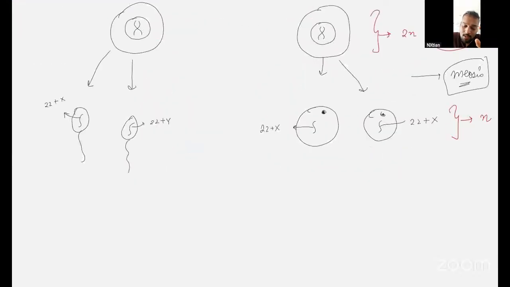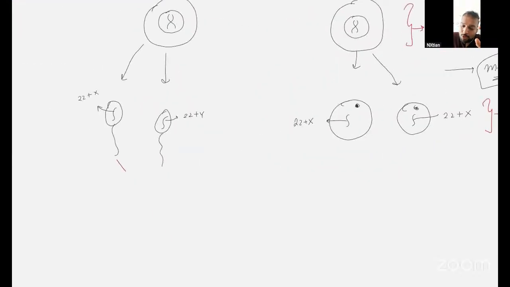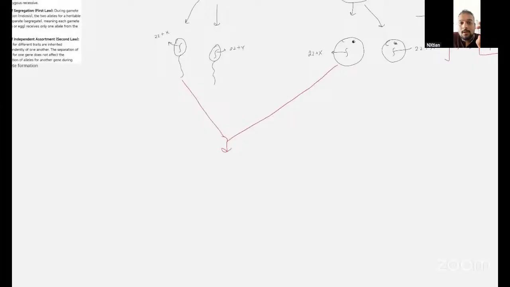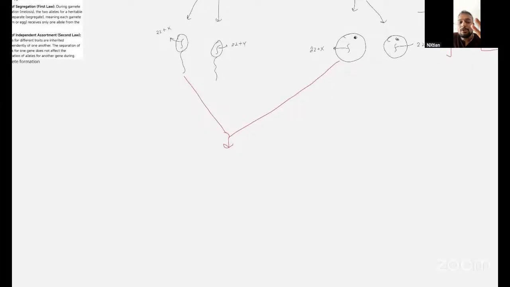For example, this sperm came to this ova and they fuse. Now it becomes a two cell stage. That two cell stage is called a zygote, because two cells are meeting. Now inside the zygote, one strand will be from the male, which is 22 plus X, and another will also have 22 plus X. Now will this zygote become male or female?